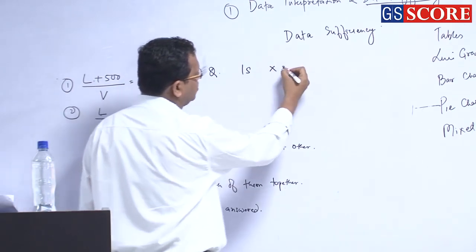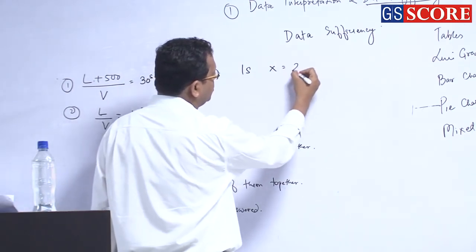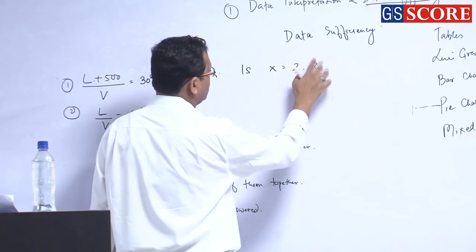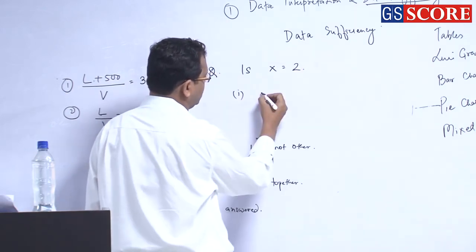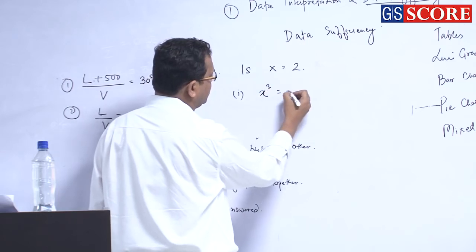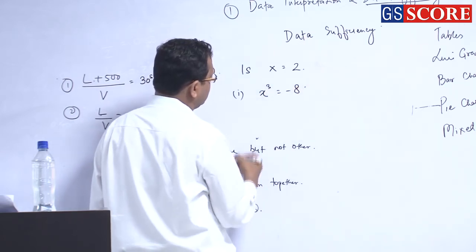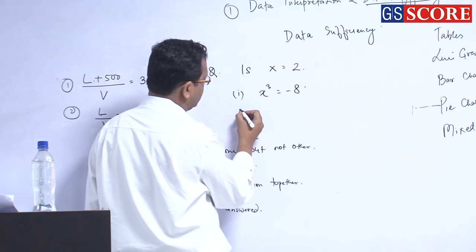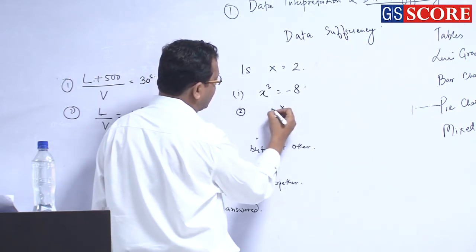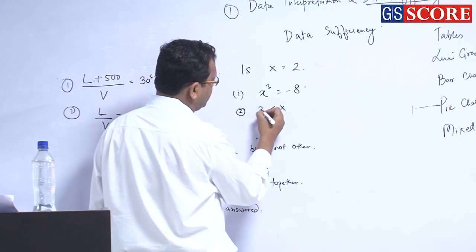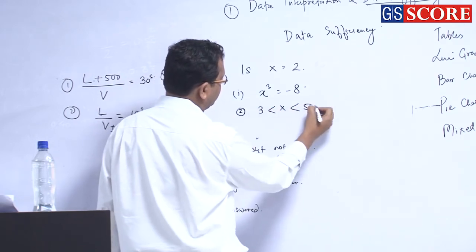x equal to 2? First one. X cube is equal to minus 8. Second one. X lies between 3 and 5.